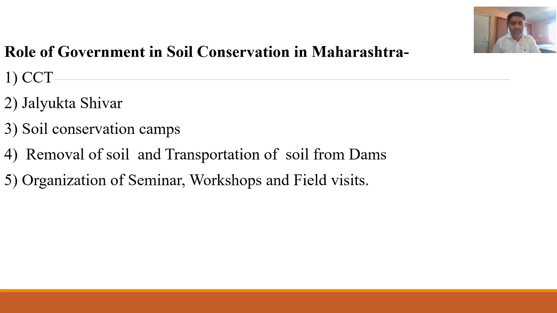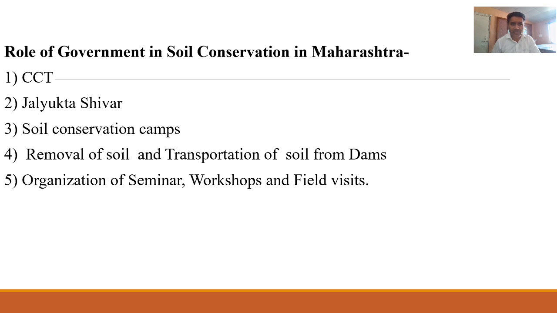As you know, there are 1,500 dams throughout the part of Maharashtra. Some dams are large, some medium, and some small. These large dams were constructed after independence, and some dams are over 50 years old.